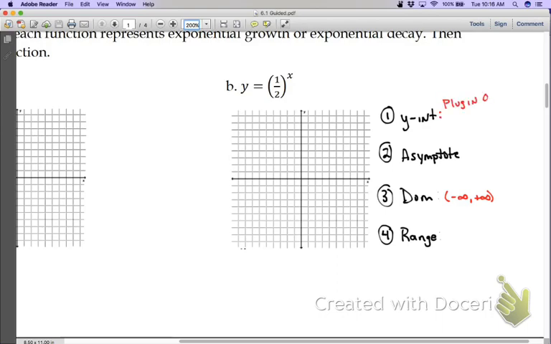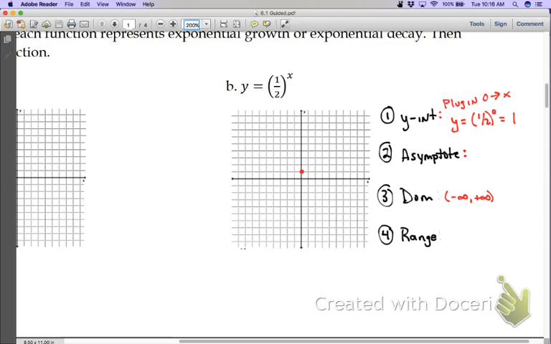Plug in 0 for x. So whenever I do, I have y equals 1/2 to the 0 power. Anything to the 0 power is what? 1. So I can put a point at 0, 1. What's my asymptote?